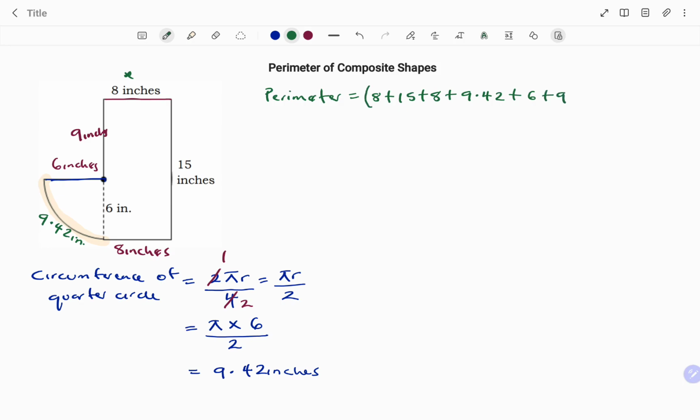Remember, we are adding only the total distance around the outside of the shape. Therefore, if you add that together, the perimeter will be 55.42 inches.